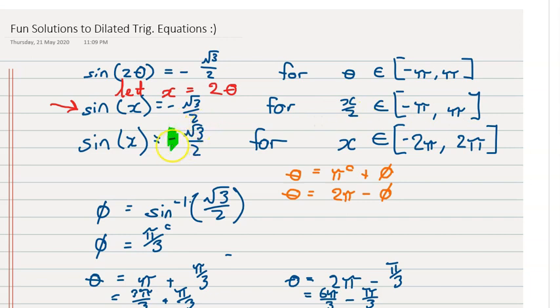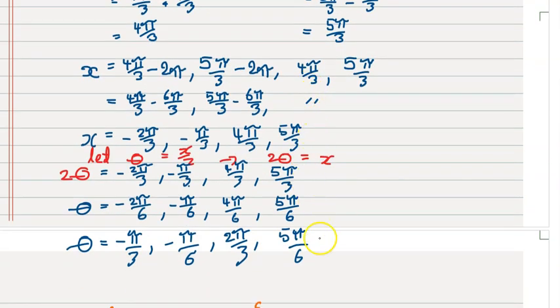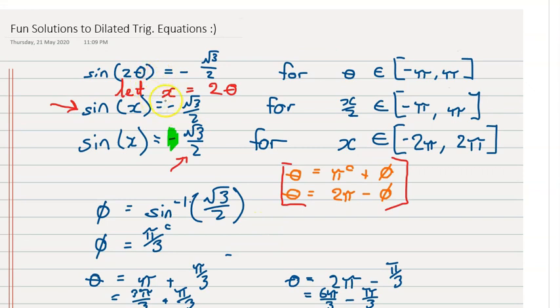Then it's just business as usual: looking at what quadrants we're working in, and then identifying the formula for finding our exterior angle. Then tying it all back together, we calculate all of our angles by subbing back in the original angle, so not x, but rather 2 theta. It looks a little bit more complicated, but the process is almost exactly the same.